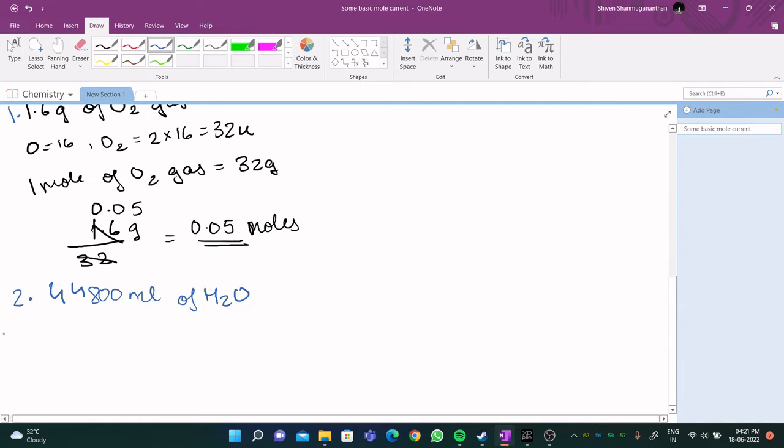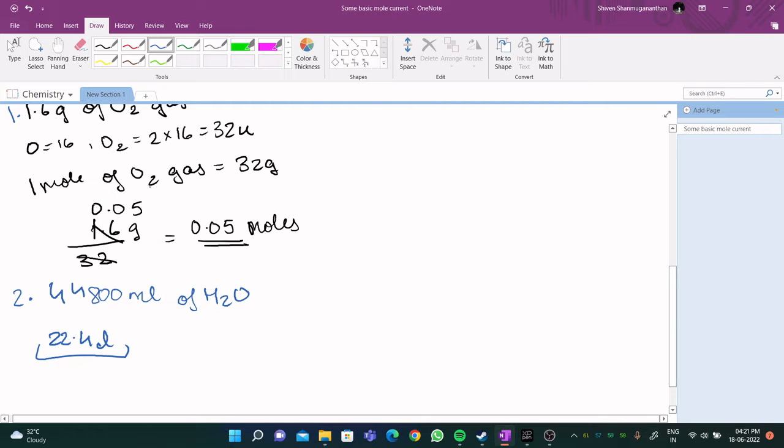Now the molar volume of an ideal gas at room temperature and atmospheric pressure at sea level is 22.4 liters. This is the ideal volume at sea level room temperature.